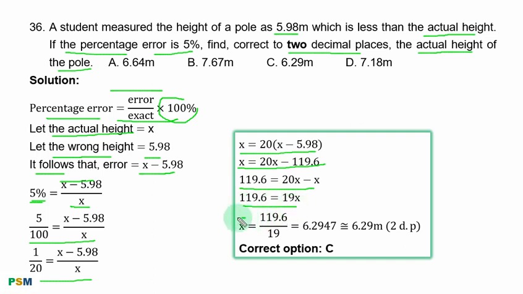To get S, divide both sides by 19, and you have this value. To 2 decimal places, the actual height S becomes 6.29 meters. The correct option is C.